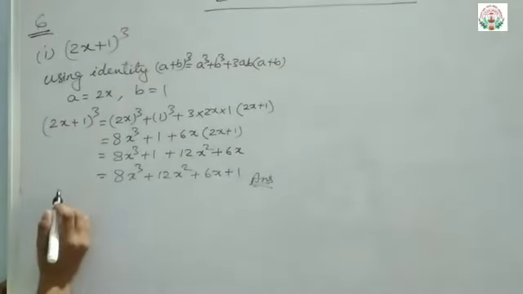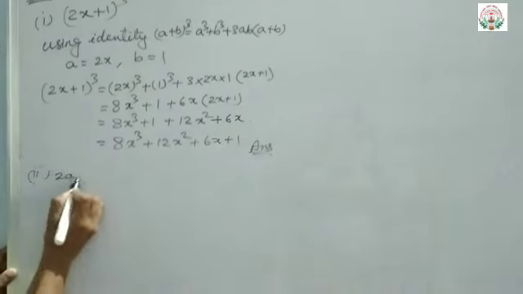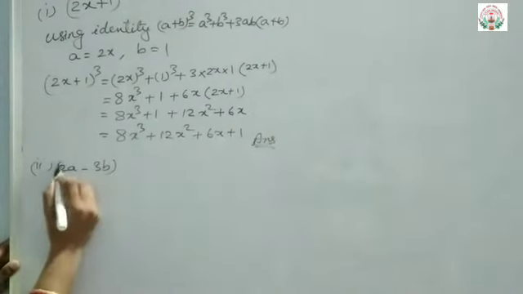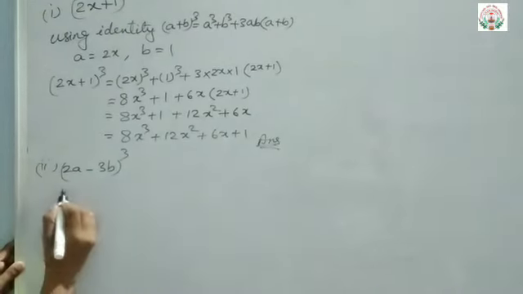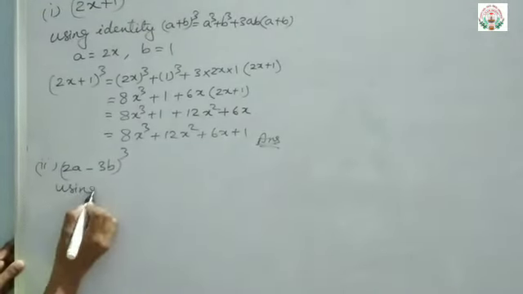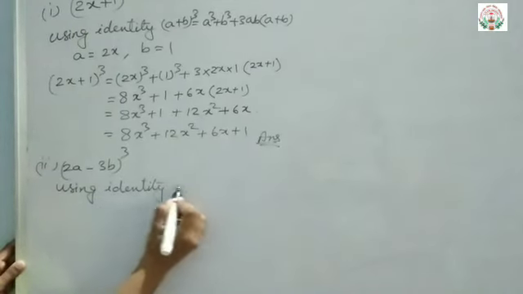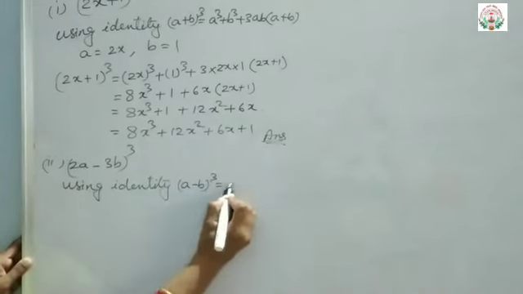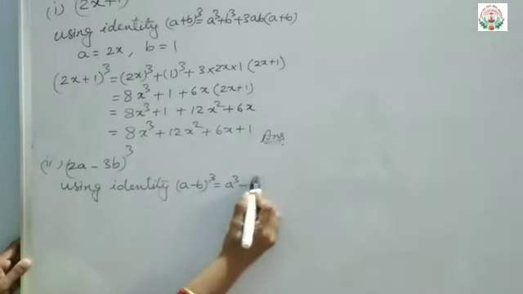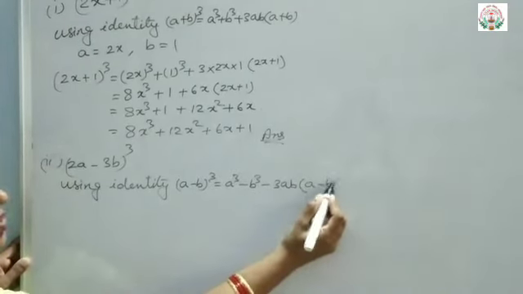The second question is 2a minus 3b whole cube. This formula also you know, that is the identity you will use. I am giving you the hint. You have to put the values and get the answer. The a minus b whole cube formula equals a cube minus b cube minus 3ab within bracket a minus b.